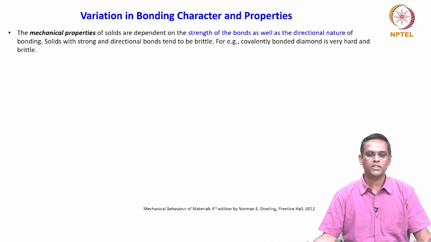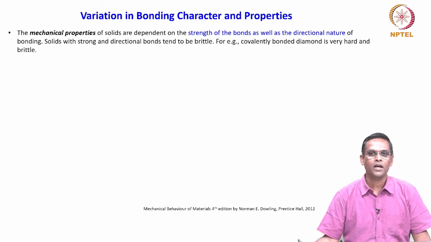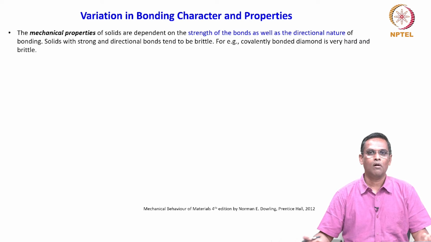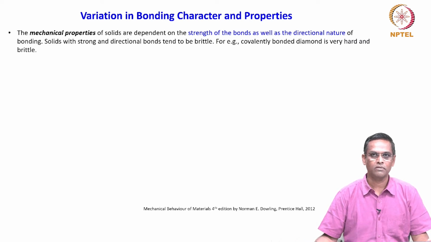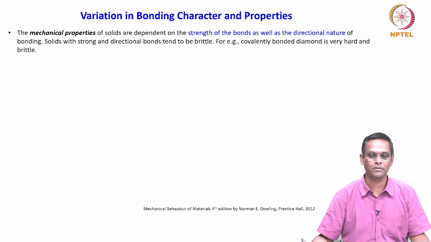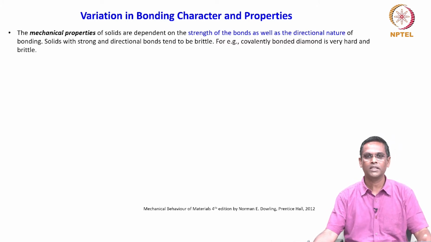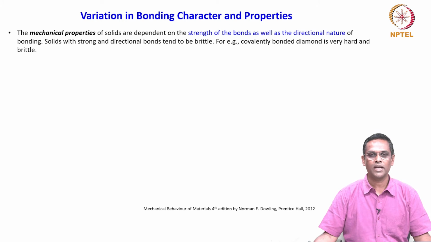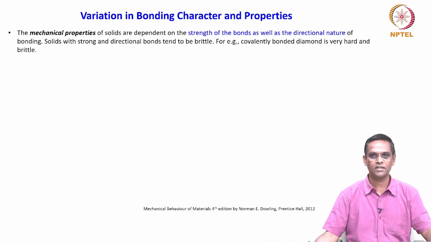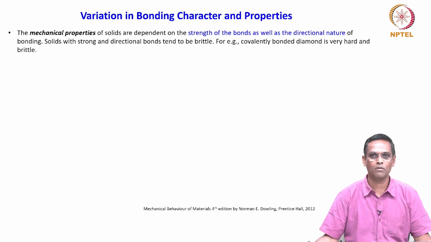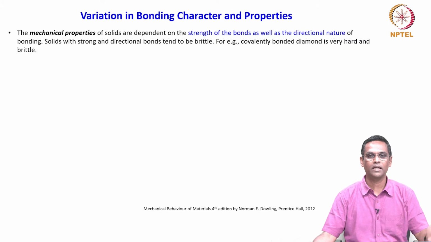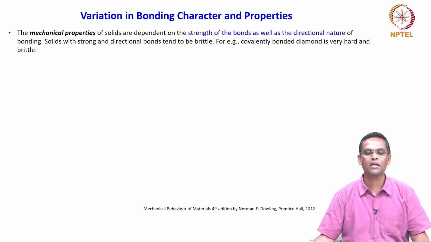I was mentioning in the initial part of bonding that not necessarily all covalently bonded materials will be hard, but there is another requirement, right. The covalently bonded materials will also have uniform surroundings as in the case of diamond. Even in polymers you have a covalent bond, but the first line of resistance is not the primary covalent bond, it is the van der Waals forces which take the initial load.